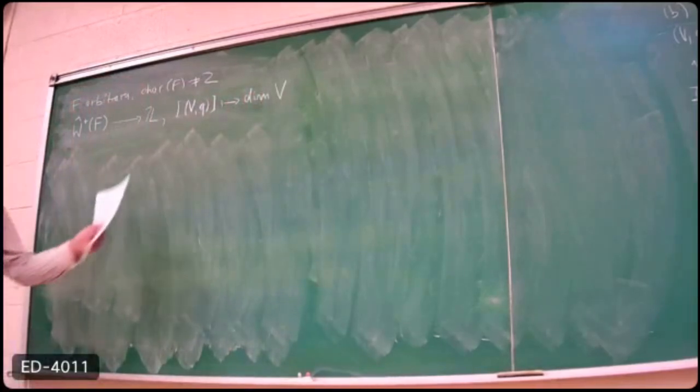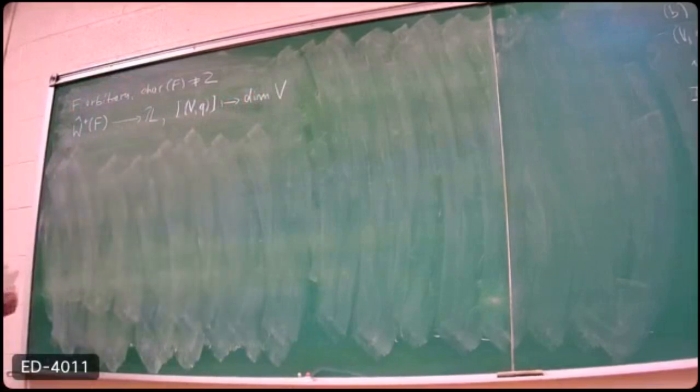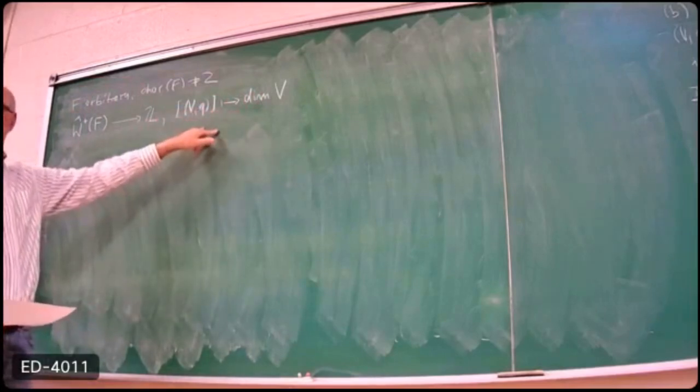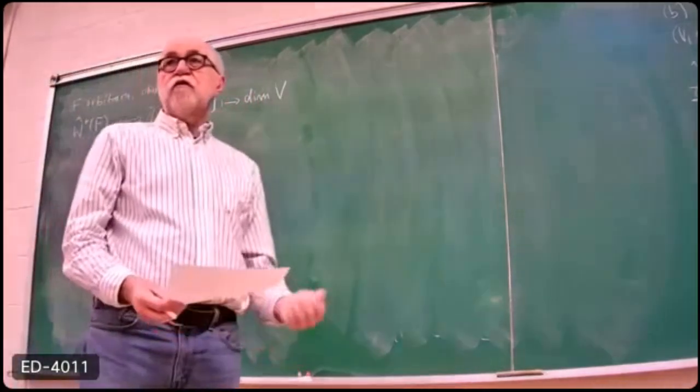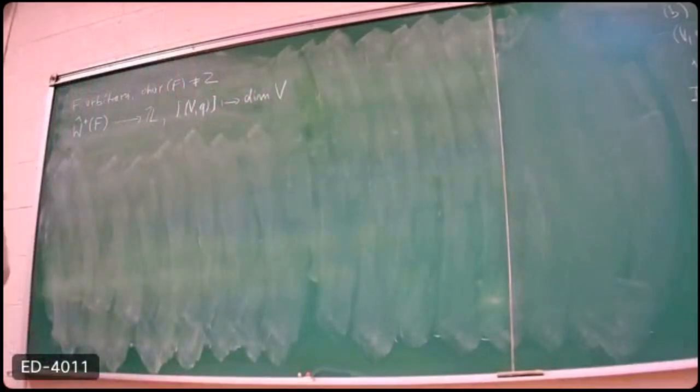Now, this makes sense because this map respects the isometry classes. Right? So if you have isometric regular quadratic forms, they have the same dimension. And also it respects addition and multiplication. Right? So the dimension of a tensor product is just the product of the dimensions. Okay?